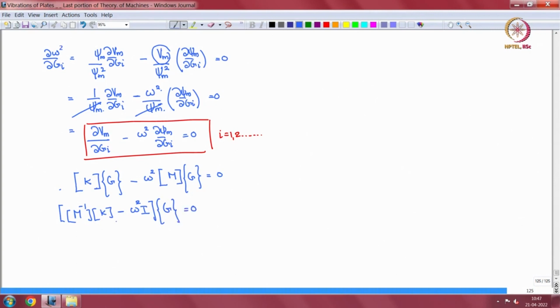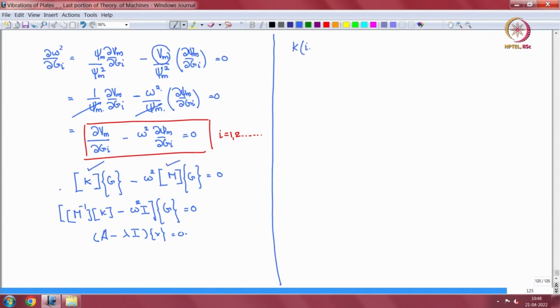You can see that it looks like A minus lambda I into x, the eigenvalue problem. The elements K ij and M ij in these matrices can be straight away given.